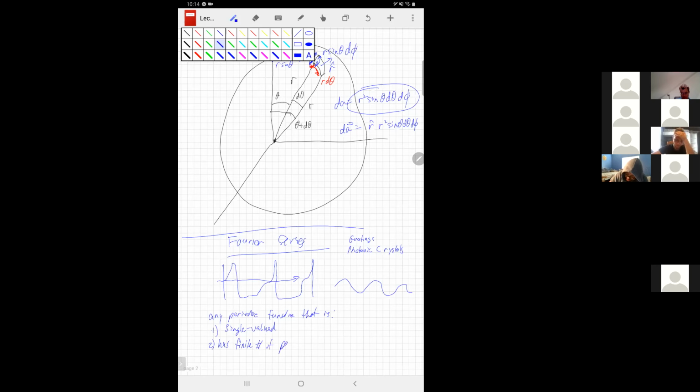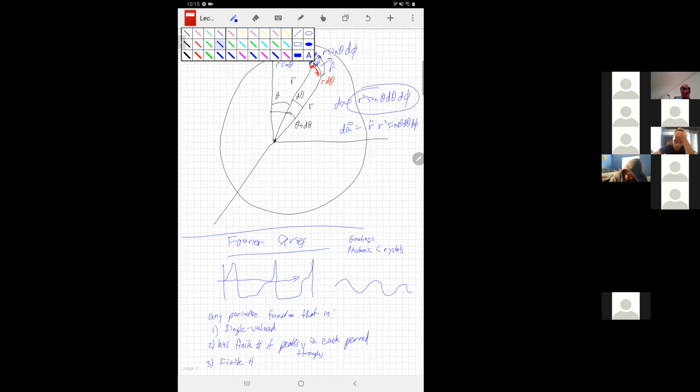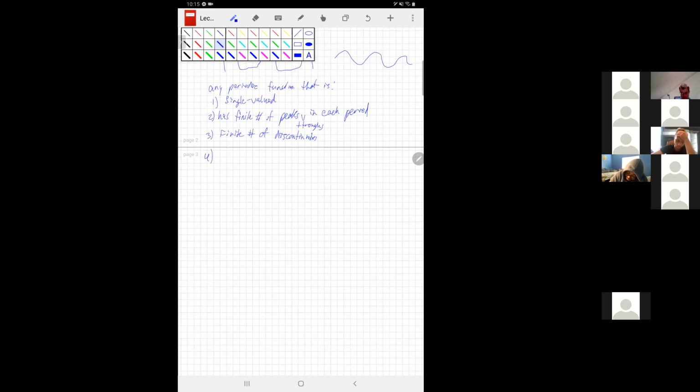has a finite number of peaks and troughs in each period, and a finite number of discontinuities, and the integral from 0 to the period of the absolute value of f of t dt is finite.